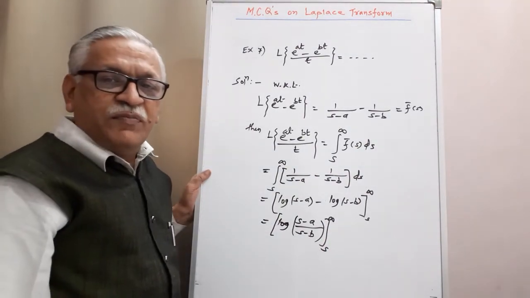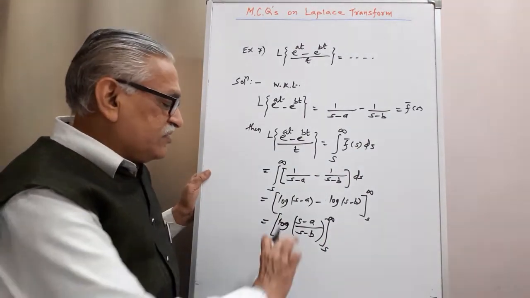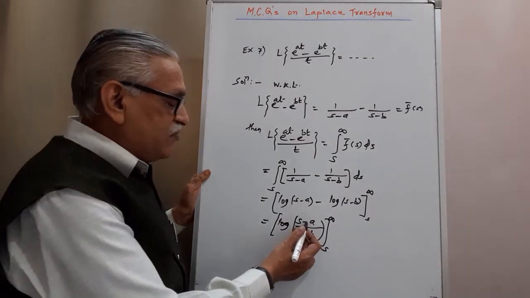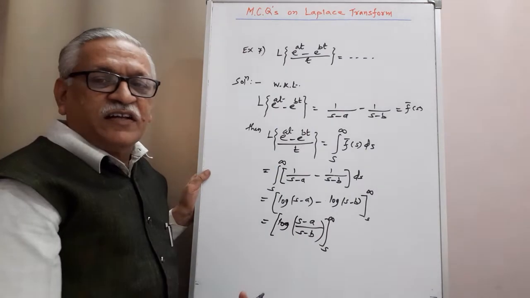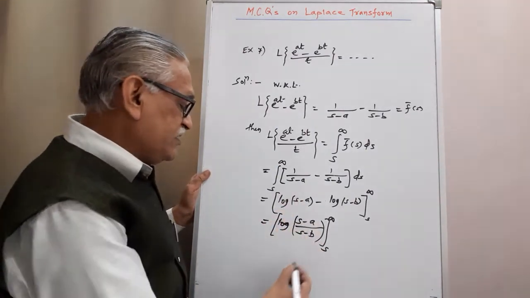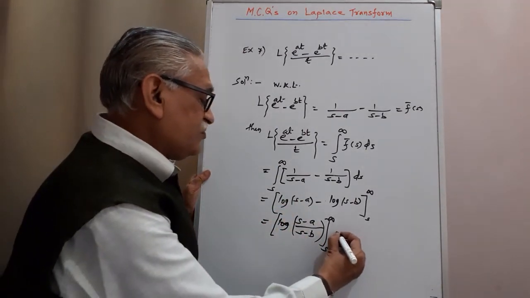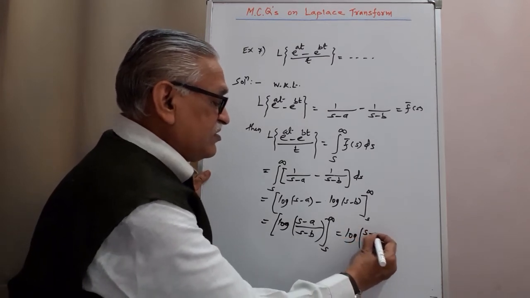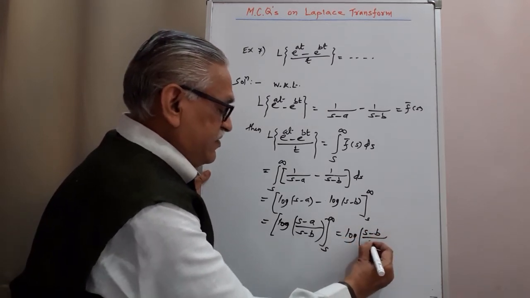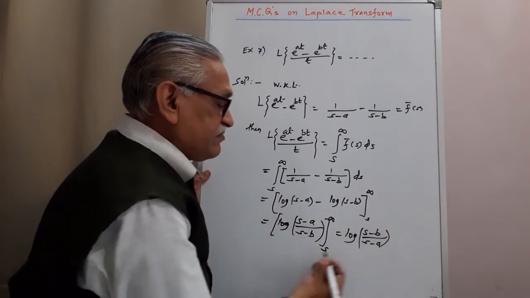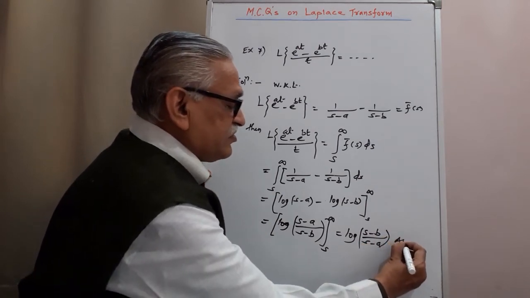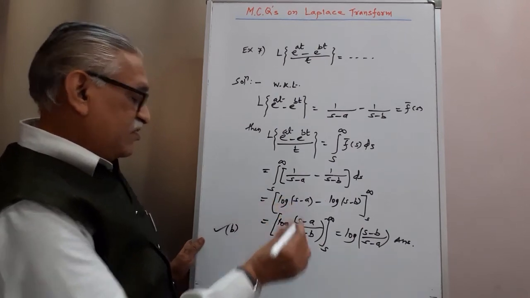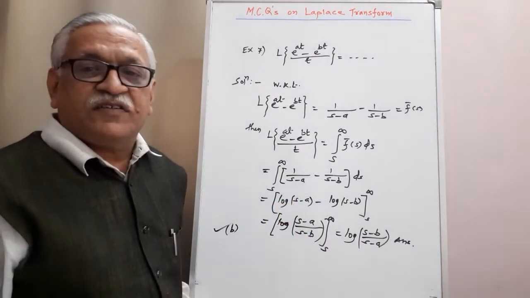When we substitute the upper limit as infinity and lower limit as s, we have to interchange the terms: the term from the numerator goes to the denominator, and the term from the denominator goes to the numerator. Therefore it equals log of s minus b divided by s minus a as the answer. Option B is the correct answer, or correct option.